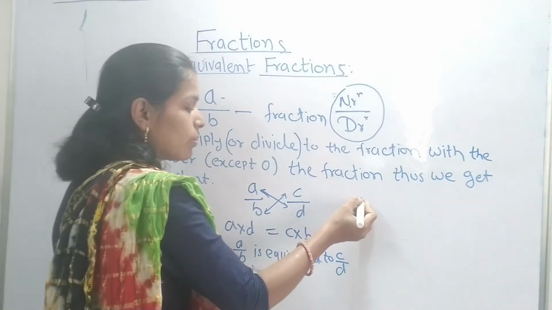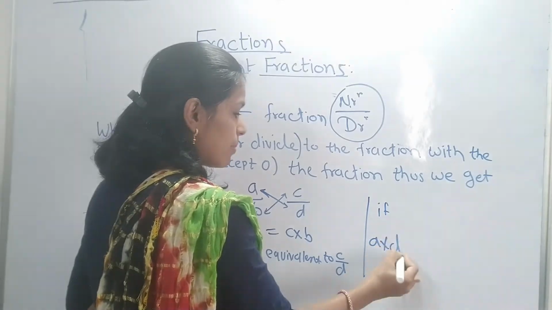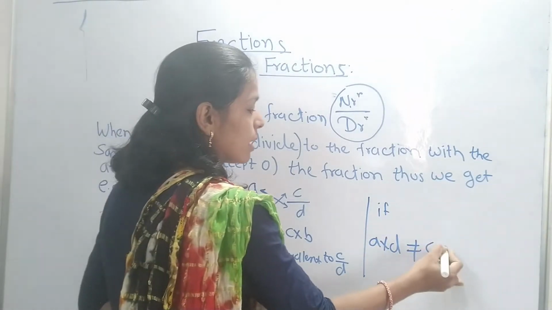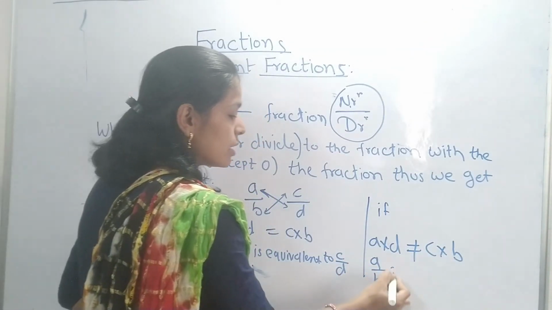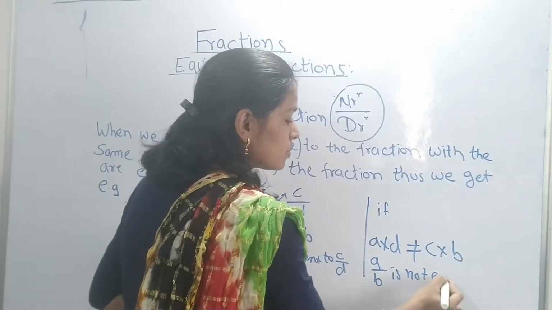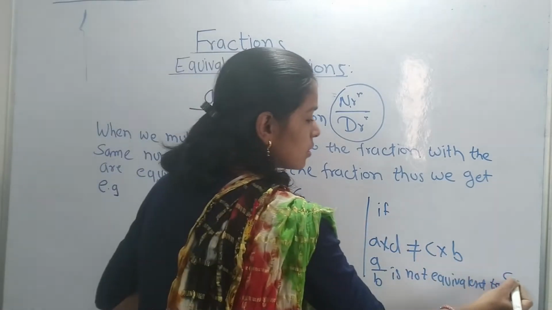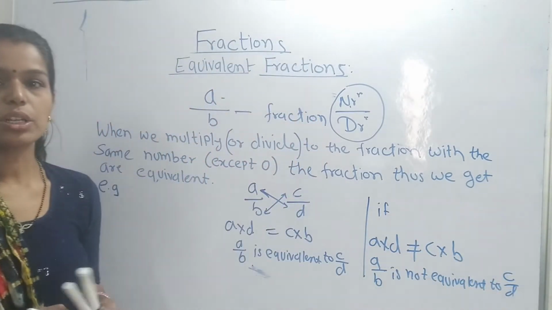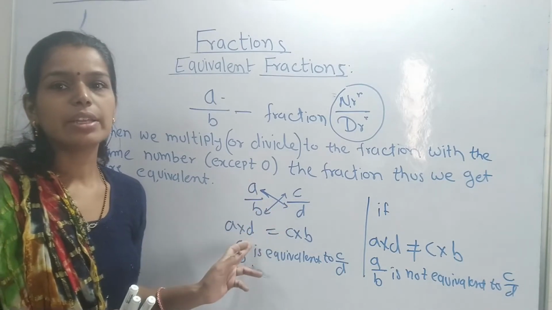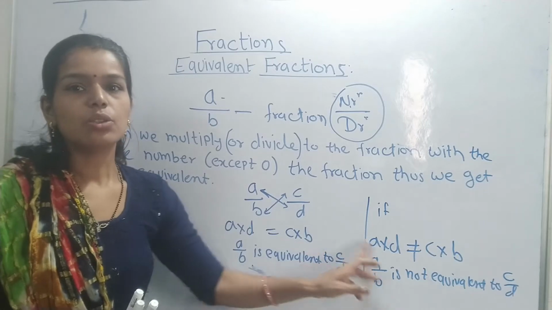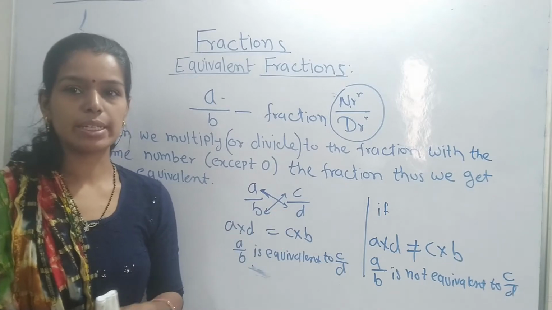Now, if their products are not equal, if a multiplied by d is not equal to c multiplied by b, then a upon b is not equivalent to c upon d. Understood what you have to do? Just do the cross multiplication, and if the products are equal, then they are equivalent. If not equal, then they are not equivalent. Got it? Let's see through numerical examples.